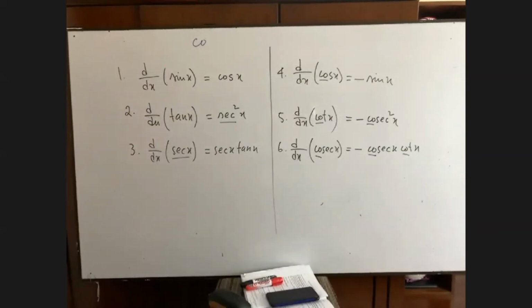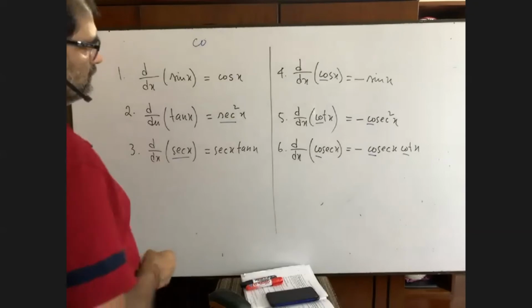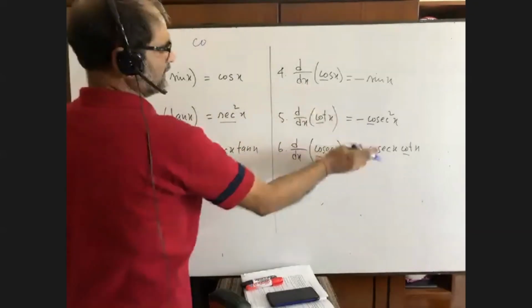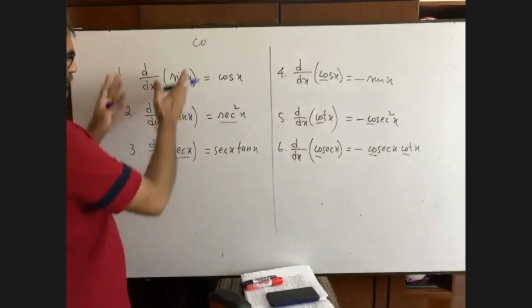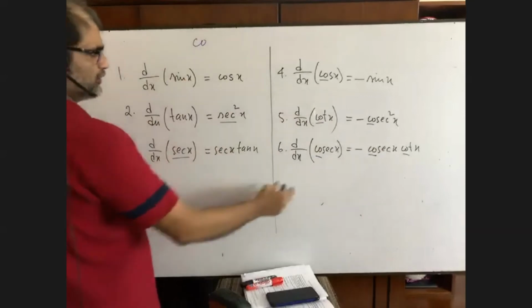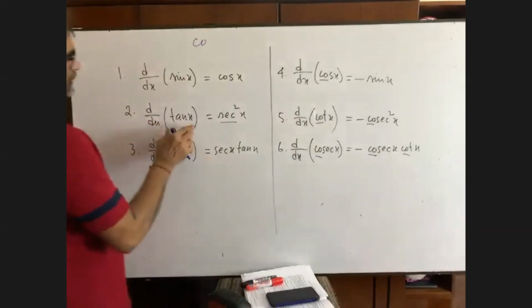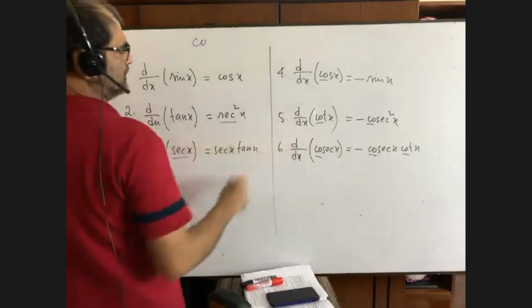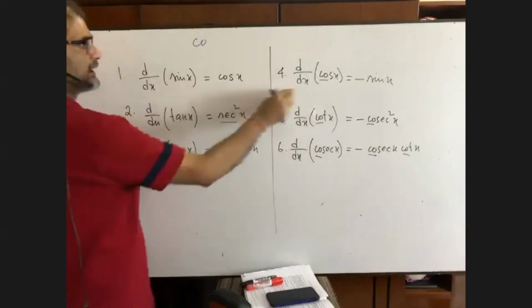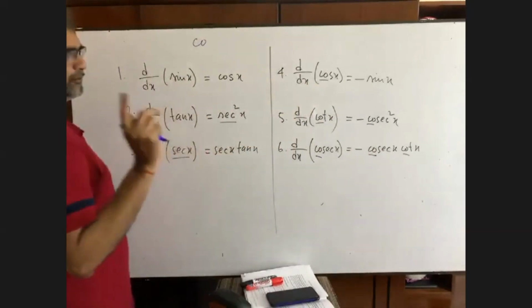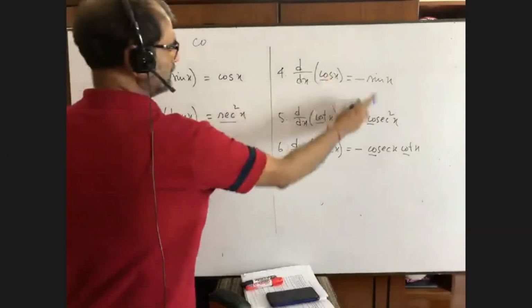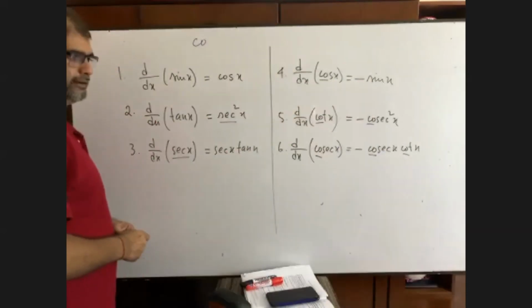I think you have got me. So what you have come to know, if there is co, it will be negative. If you know this part only, then you can write down this part. Remember one thing, if there is co, it will be negative. Okay?